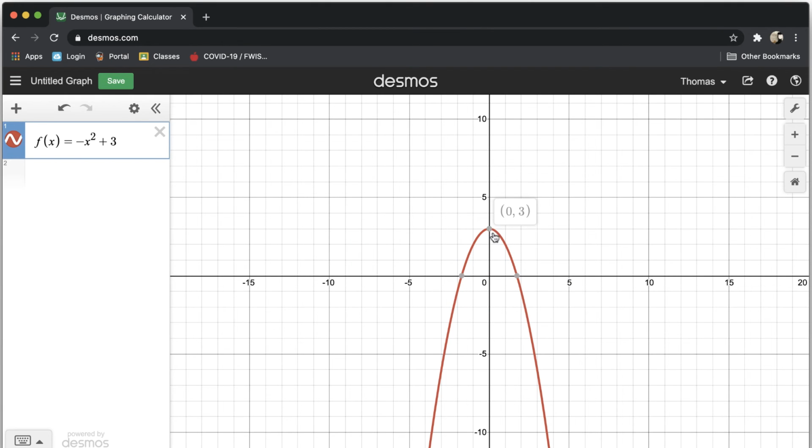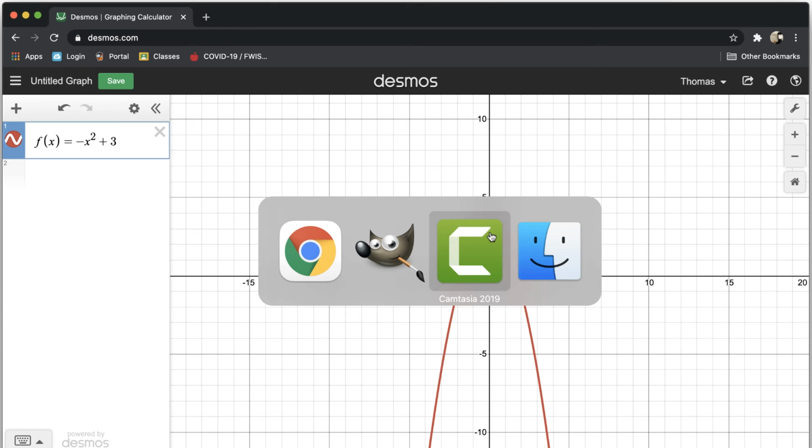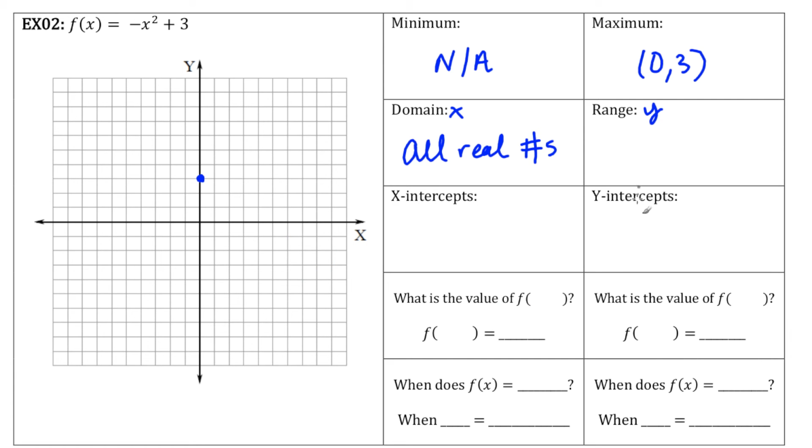Yeah. Ever stop going downward? No, it keeps going downward forever. So the highest the y is 3, so all the y's are less than 3. All the y's are below this 3. Or equal, because you can be that point.